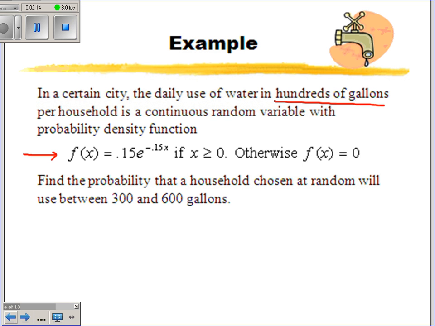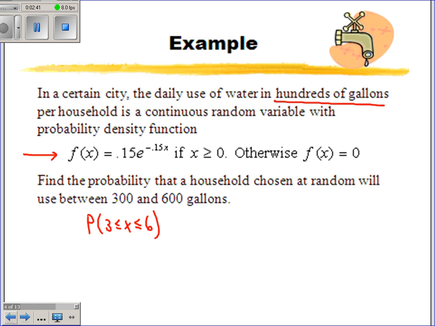Okay, so now we're told that this equation is giving us the water in hundreds of gallons. So if we want the probability that someone chosen at random is using between 300 and 600, our variable x is representing hundreds already. So we just want the probability that x is between 3 and 6, between 300 and 600 gallons.